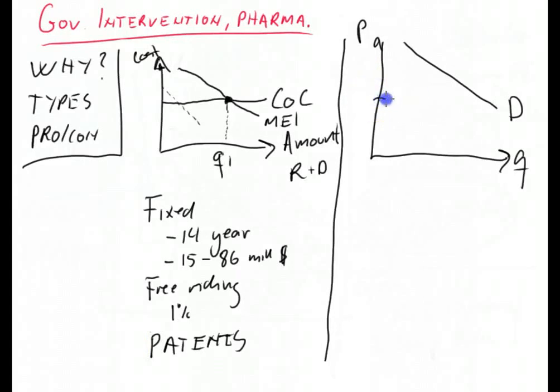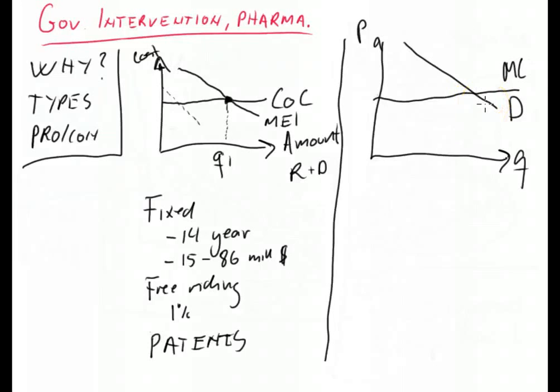It's horizontal because the cost of producing additional drugs is very small. Once you have invented something, the cost of actually producing a pill is usually very low. There are some new pharmaceuticals that have a different cost, but it used to be the case that the marginal cost was very, very small.